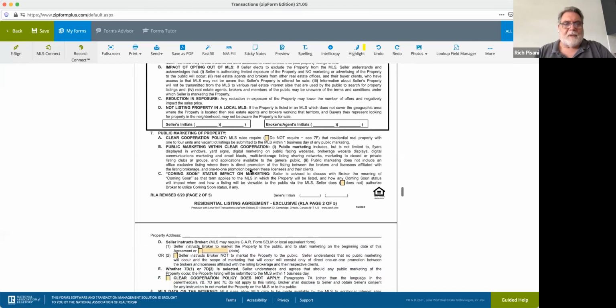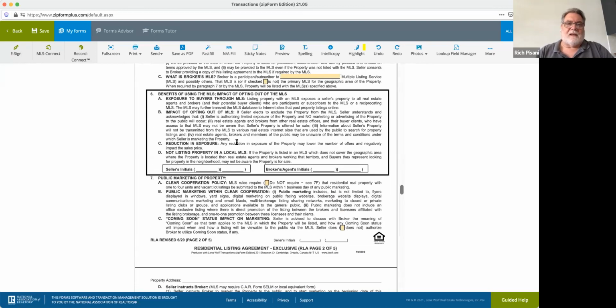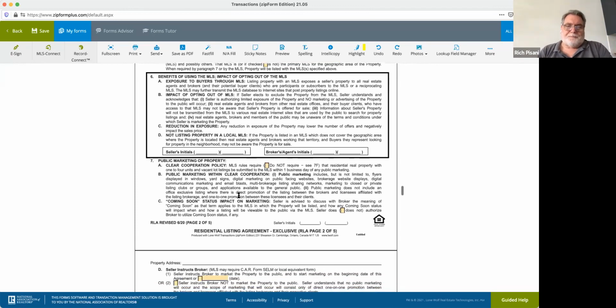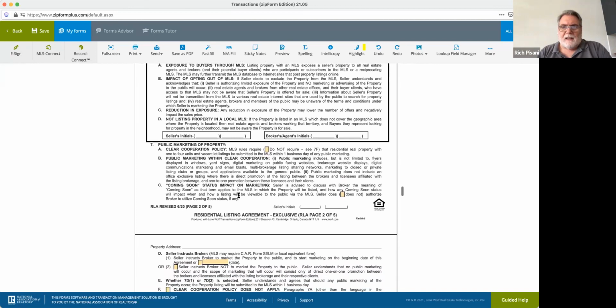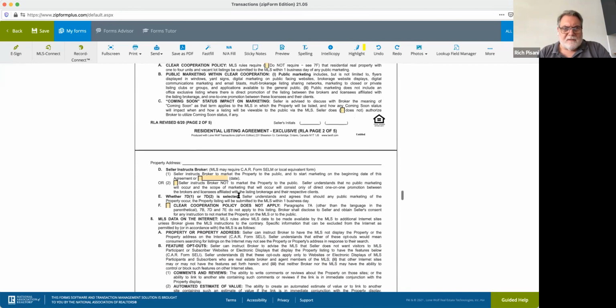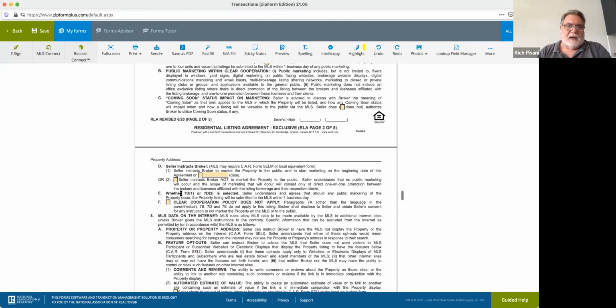So, that's what all of this is saying. This section is about the benefits of putting it out of the MLS, because you reach a wider group of people. I'm just looking for, oh, right here, 7D2, seller instructs broker not to market the property to the public.